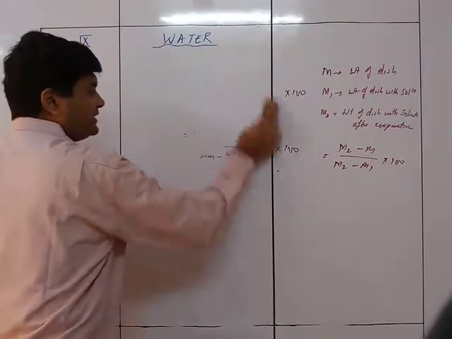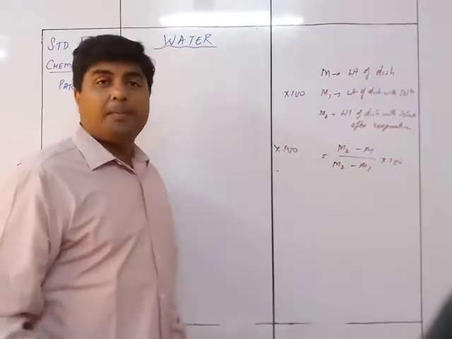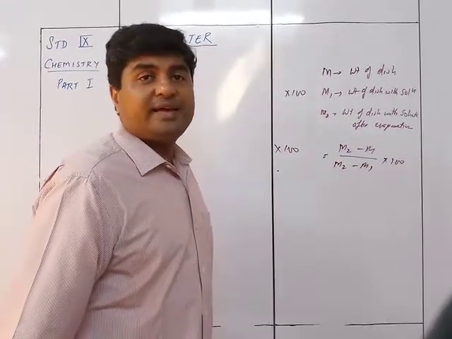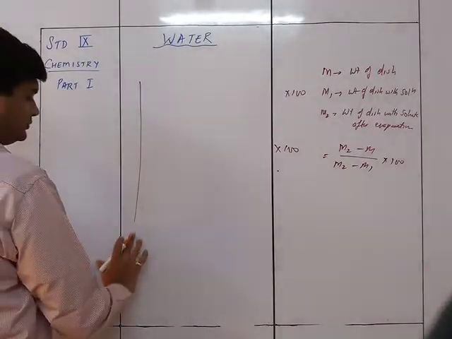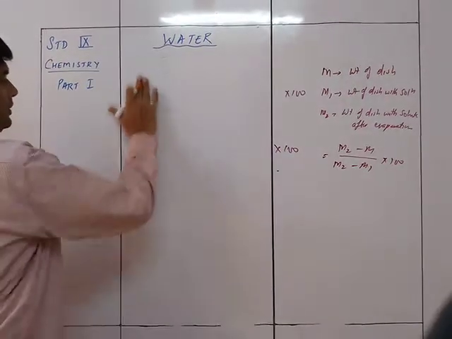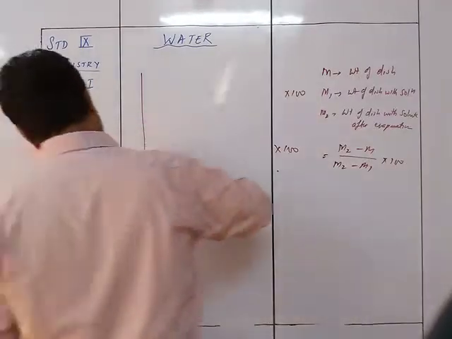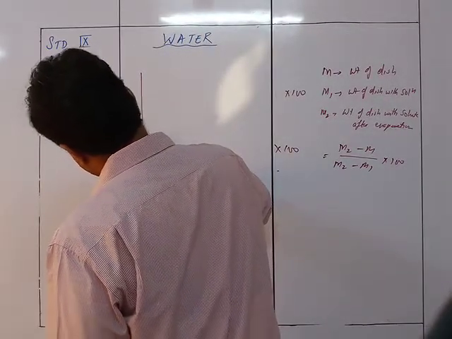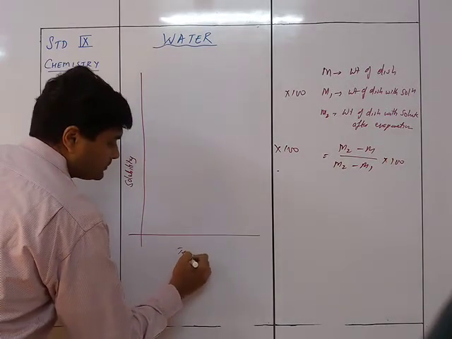The graph shows the way a particular salt behaves when there is an increase in the temperature. Here on one side you have got the solubility, and on the other side you have got the temperature.